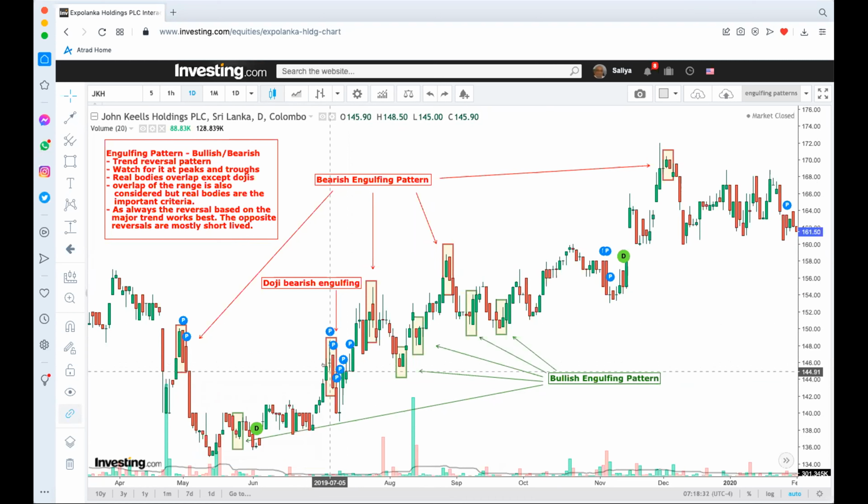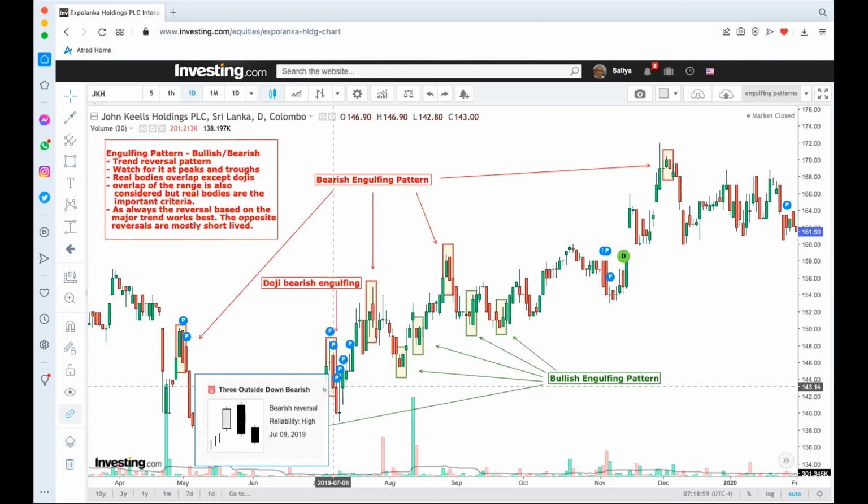And you will encounter in certain instances that the entire candle, meaning from the top to the bottom, the entire distance will be overlapped by the following candle. And in this case, it's a bearish engulfing Doji candle. But of course, you will encounter Doji bullish engulfing patterns as well.